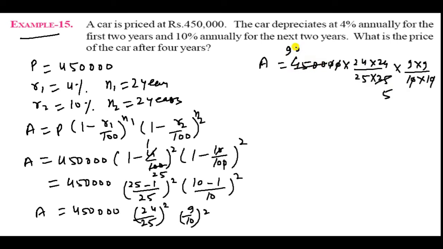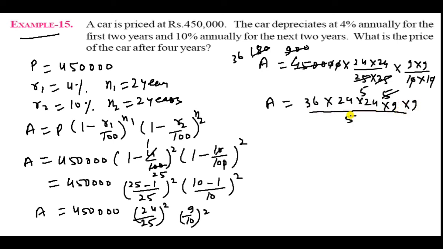Now A will be equal to 450,000. Here is 24 into 24 upon 25 into 25 and here is 9 into 9 and 10 into 10. Let us see what will happen in this. So 0 and 0 will be cancelled for this 0. 5 fives are 25 into 9 and divided by 5.